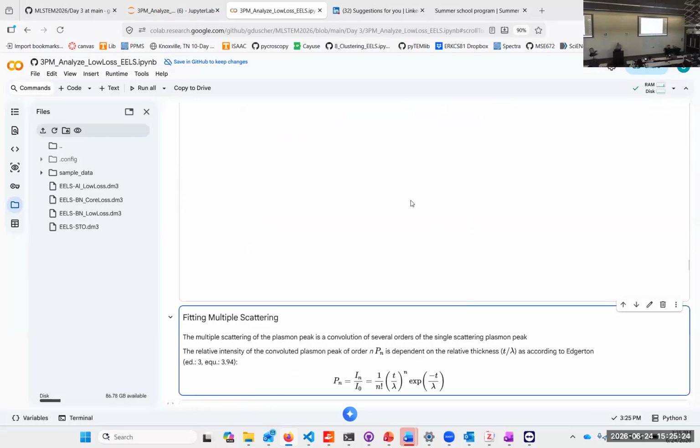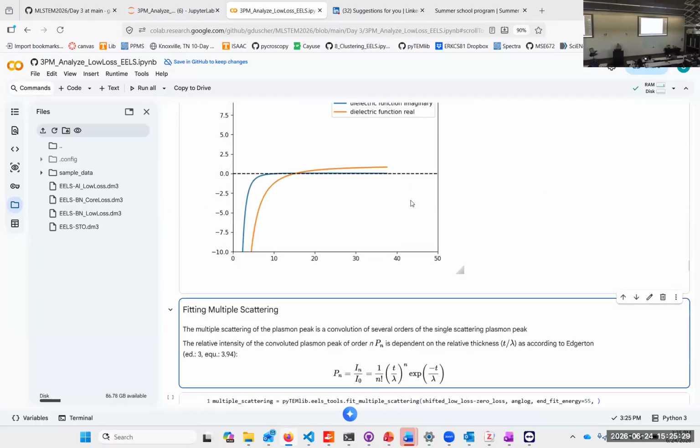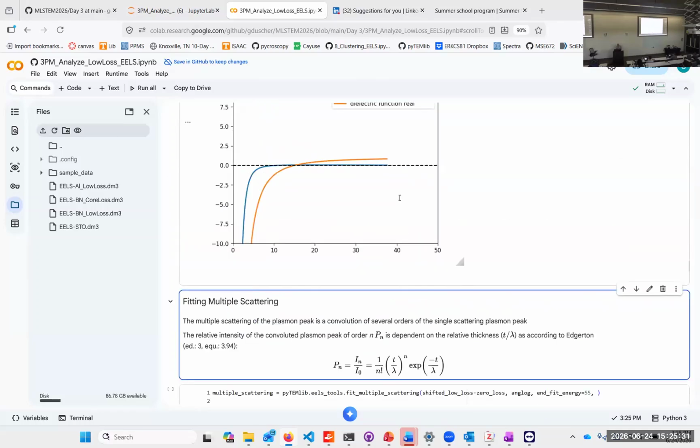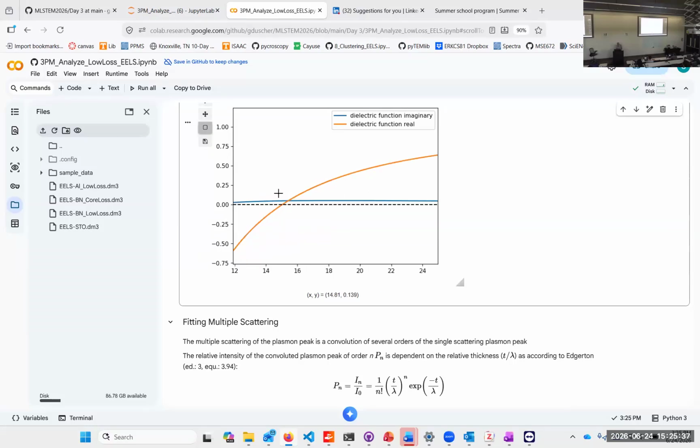Before we do that, we can also plot the dielectric function. And okay, there's a negative gone in here somewhere. That's probably a part of the problem. So what you need is the real part going through zero.